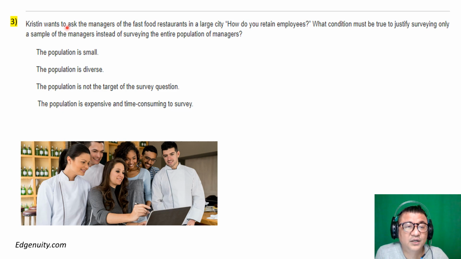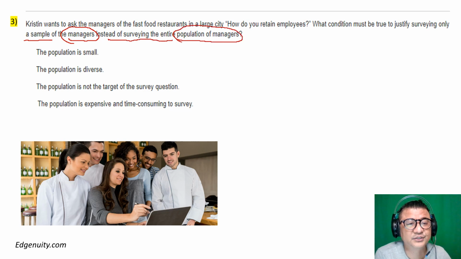Kristen wants to ask the managers of a fast food restaurant, the bosses of the fast food restaurant in a large city, how do you retain employees? Meaning, how come your workers stay with you for a longer period of time? What conditions must be true to justify surveying only a sample of managers instead of surveying the whole population of managers?